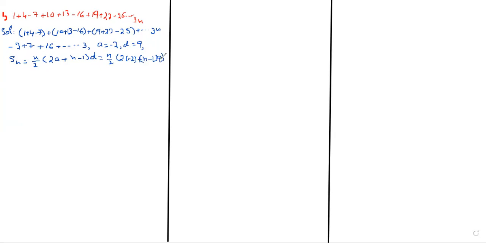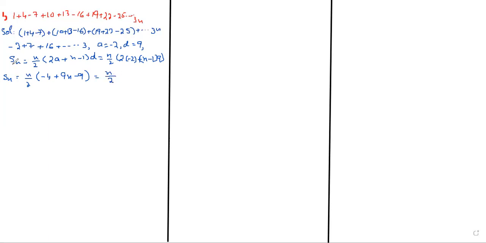Now simplifying it, the value of Sn would be n by 2 times minus 4 plus 9n minus 9. Solving these two terms, we have n over 2 times.